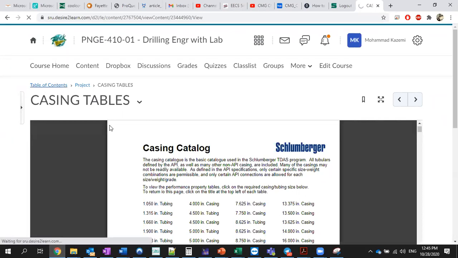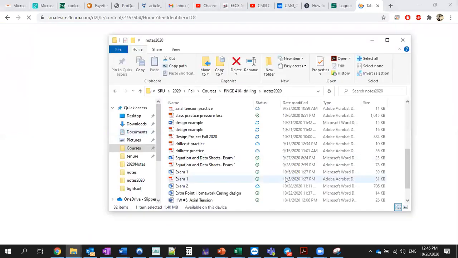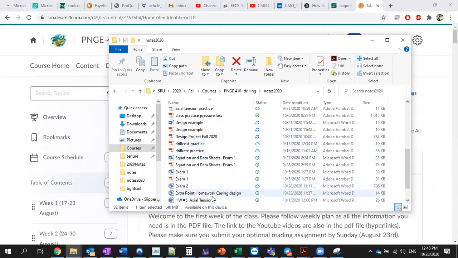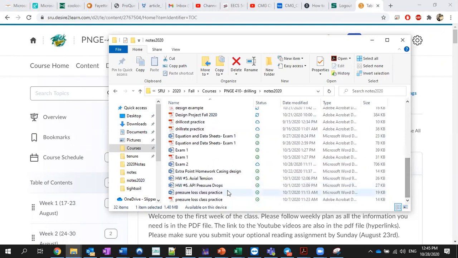I just saw it in that folder. It was there. Oh, you just saw it? Yeah. Okay. It's like towards the very bottom. You see, right above axial tension. Here, just go further probably. No, the extra point homework. Ah, yeah, that's the one. Yeah. Thanks. Thank you. Yeah, I just missed it.